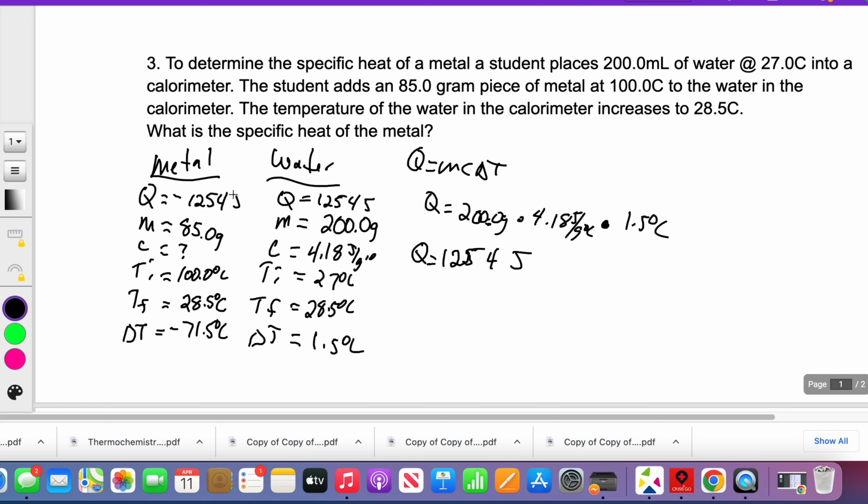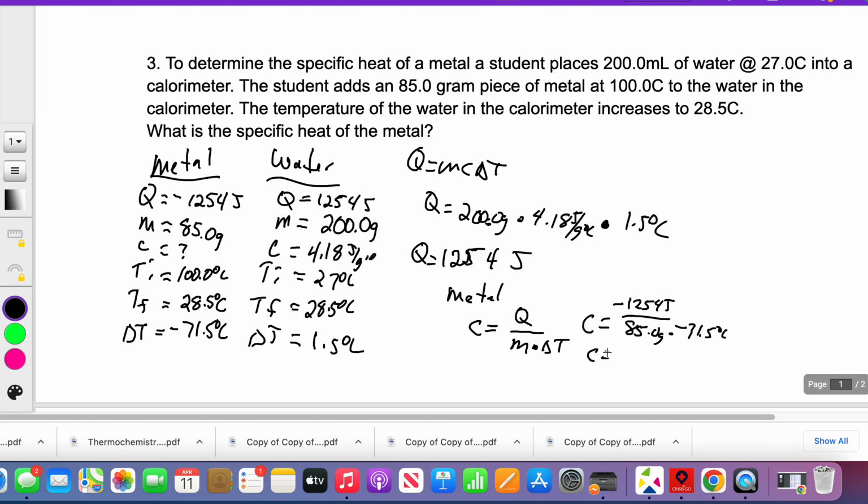All right? So now we can do the metal. To get the specific heat, the specific heat is equal to the energy that it lost divided by the mass times the temperature change of it. So we can plug in the numbers: negative 1254 joules divided by the mass, 85 grams, times the temperature change of the metal, negative 71.5 degrees Celsius.